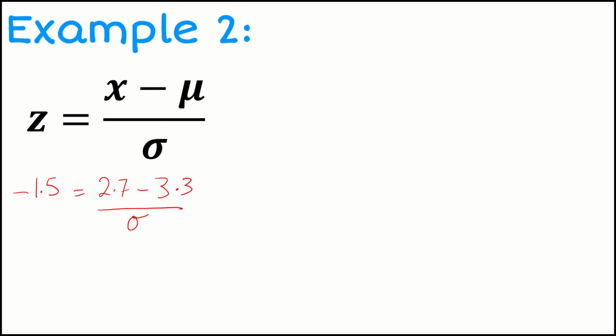The opposite of dividing is times, so I'm going to move the standard deviation: negative 1.5 times the standard deviation equals 2.7 minus 3.3. Now if I do 2.7 take away 3.3, that's going to give me negative 0.6. So I'm going to tidy that up on my next line: negative 0.6.